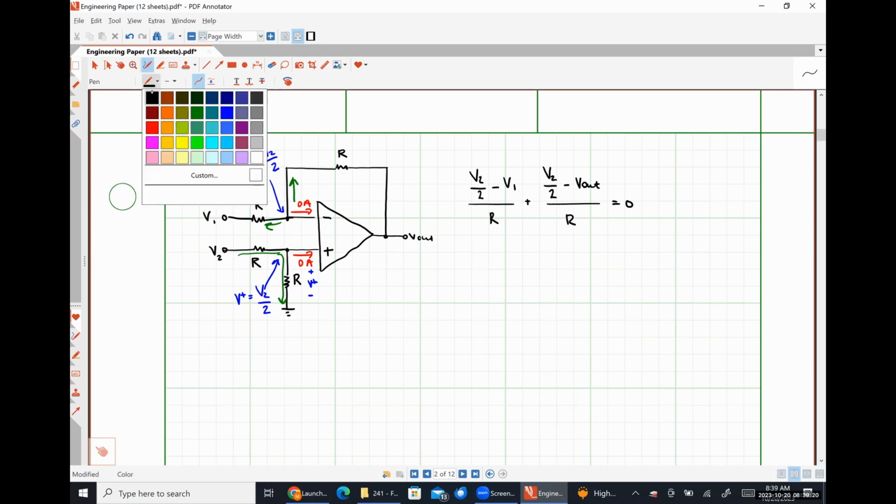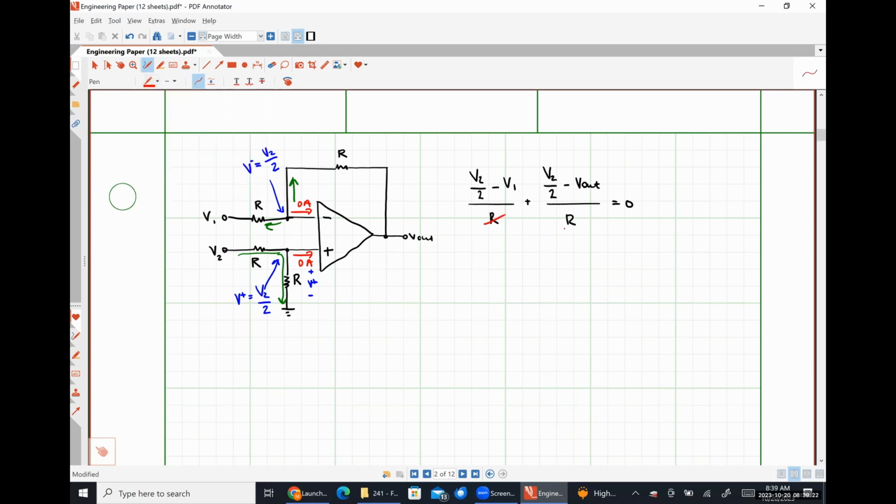I'm now going to multiply both sides through by a factor of R to just get rid of those. 0 times R is still just 0. And I'm going to add things together. And what we're going to find is that V out is simply V2 minus V1.